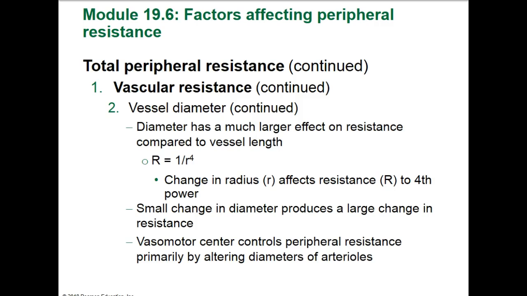And radius, remember, is half diameter. You remember from geometry from years ago. So they're just pointing out that with every little increase in the diameter of that tube, your resistance actually decreases greatly. I think I might have said that a little backwards, but anyway. As that bottom number gets larger, your overall number gets much smaller.